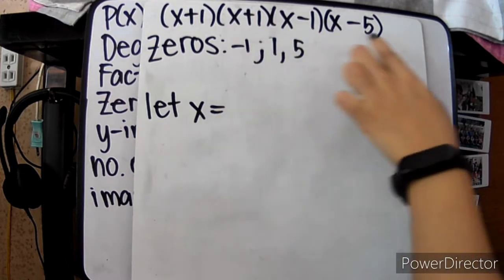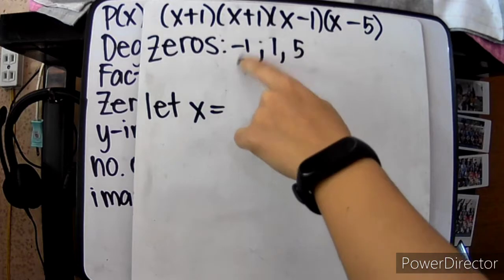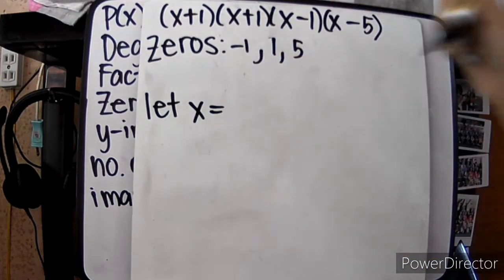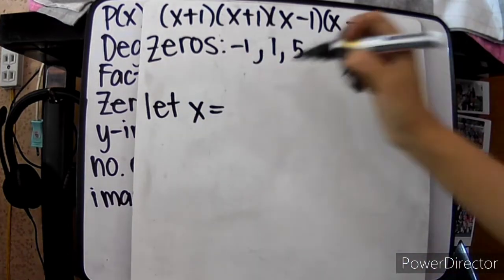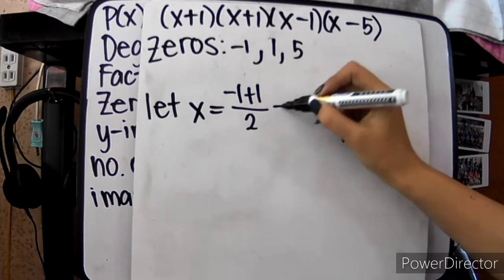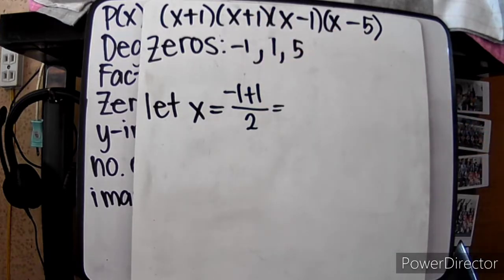Okay. So, sinulat ko lang ulit ito kasi dito tayo mag-substitute. And then, let's get the 0. Hindi ko na sinulat yung multiplicity nun. Ibig sabihin nun, pag may multiplicity, magta-turning point tayo dito sa negative 1. So, let's get negative 1 plus 1 over 2, kasi nga we are getting yung gitna ng ating zeros.